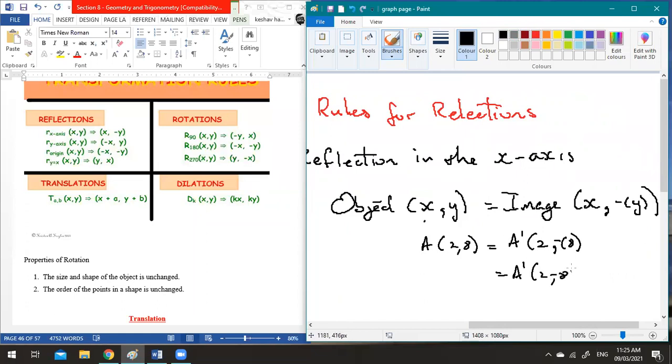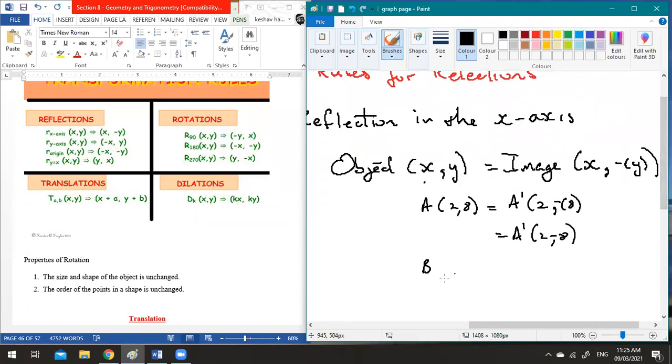So 2 and -3, right? Same thing will go for B. Sorry, I put the wrong values here. This has to be 3. So 2 and 3. So put a negative sign for the 3, so the -3.